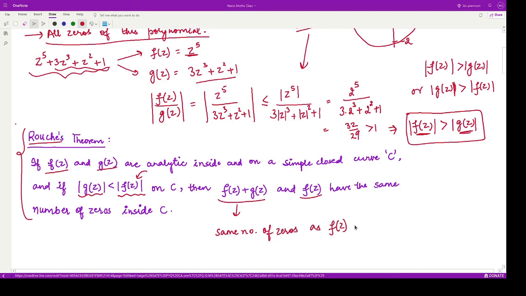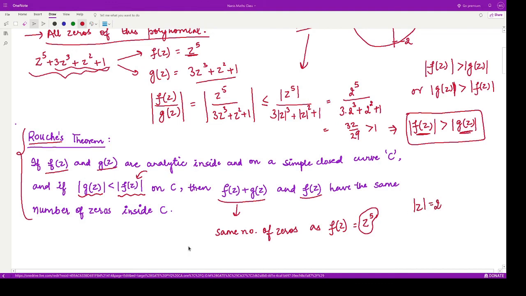And what is f of z? f of z is z to the power 5. Therefore, obviously this polynomial would have 5 zeros inside the given circle mod z is equal to 2.